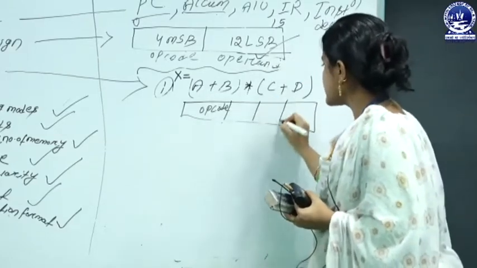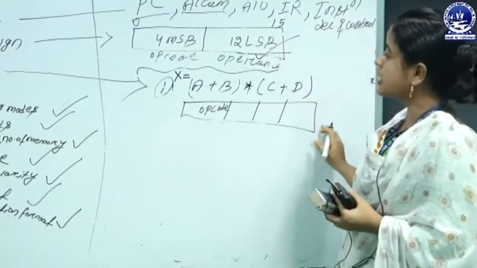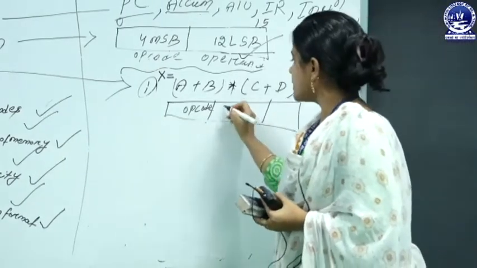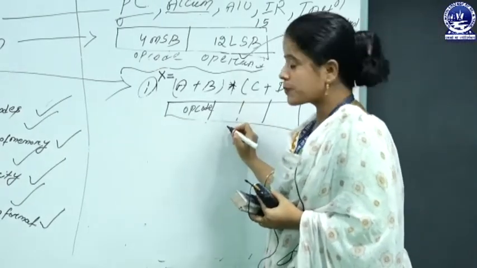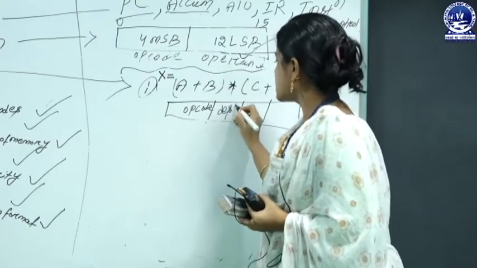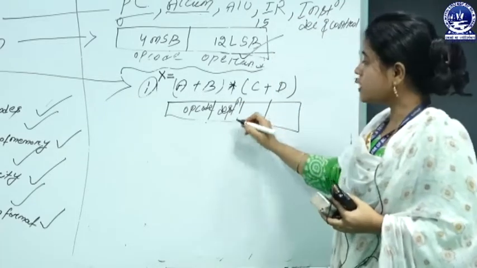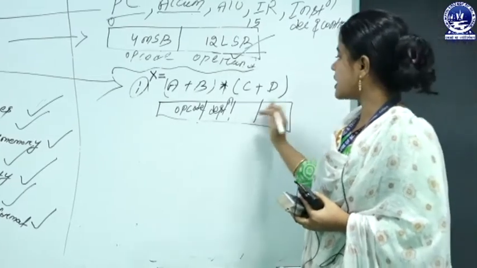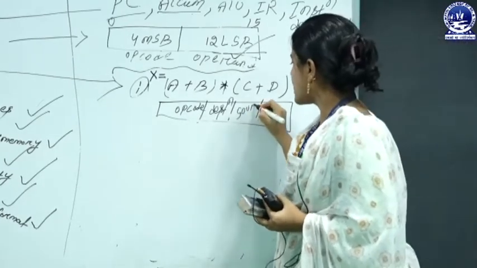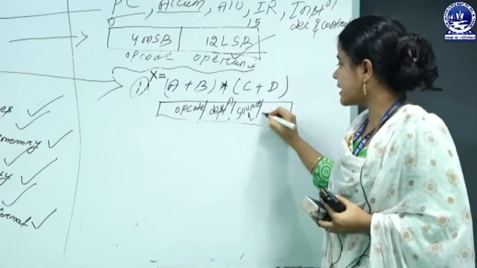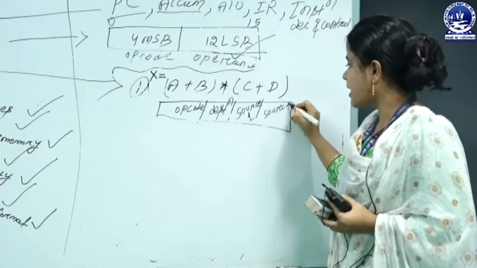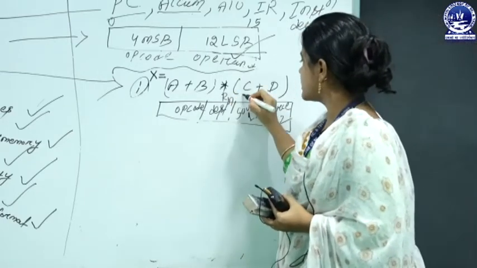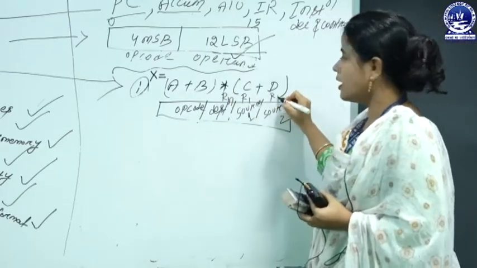That means the 3 address spaces may be registers or memory locations. Here one of the address spaces is used for the destination location, that means the resultant storage location, and the other 2 address locations hold the source operands, that means the raw ingredients required for the data processing. Here we have used 3 registers or 3 memory locations.